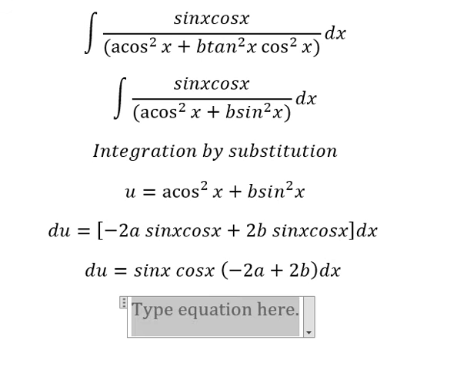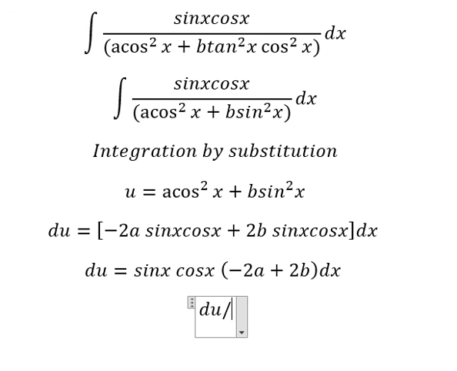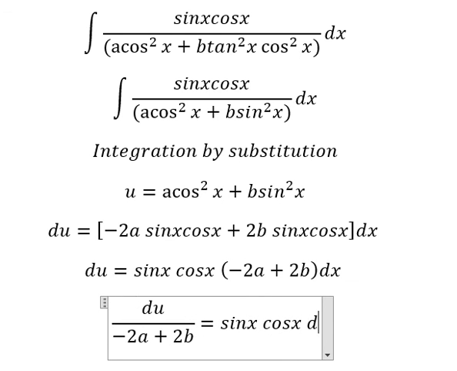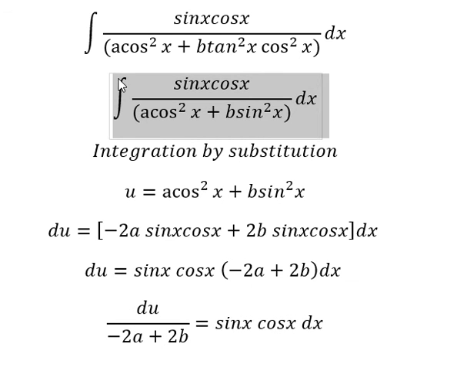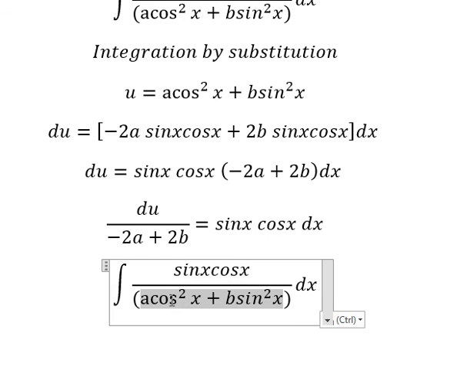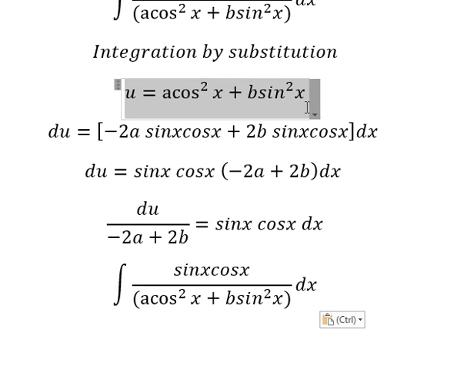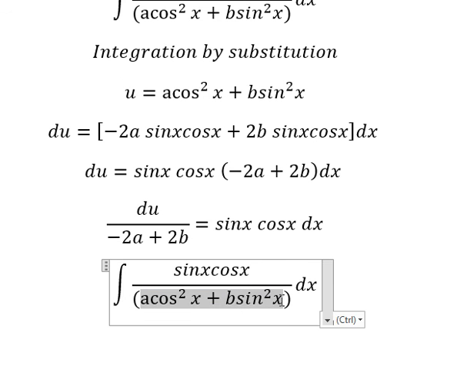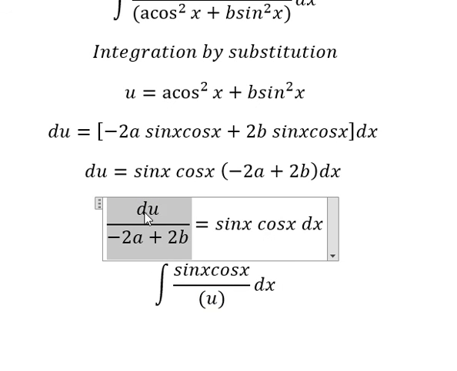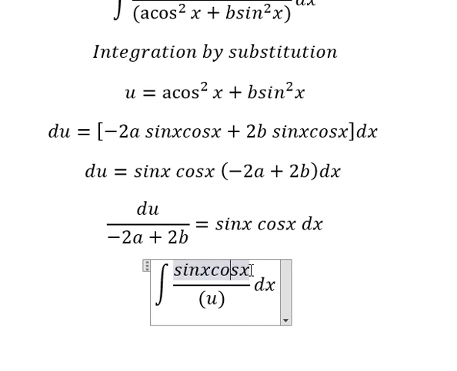So we have about du over negative 2a plus 2b equals to sine x cosine x dx. So this one in here, we change for u. Sine x cosine x dx, we change for du over negative 2a plus 2b.